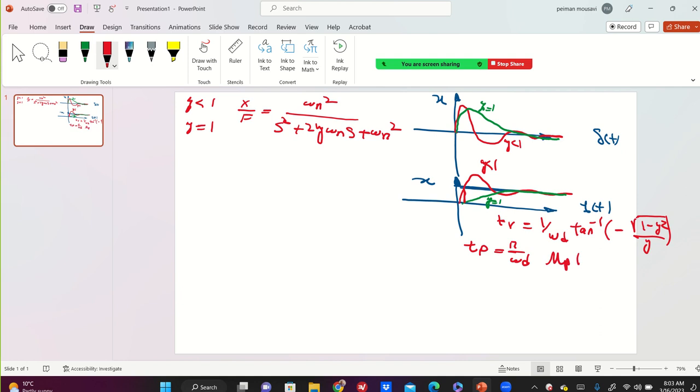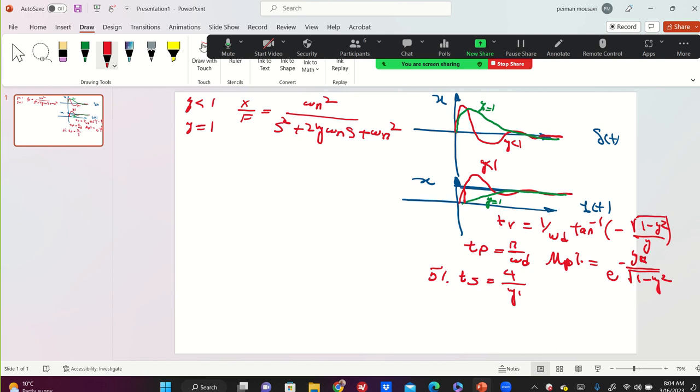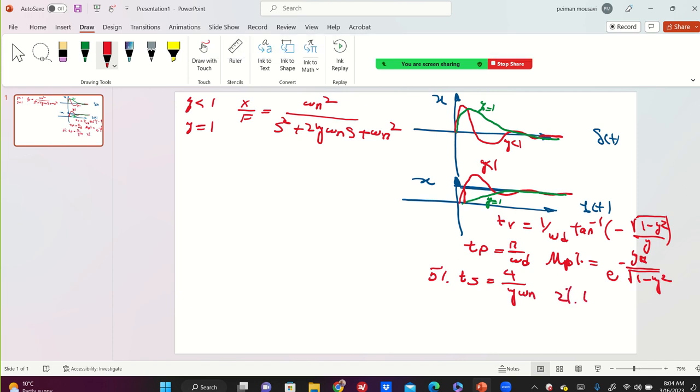And we found the overshoot in percentage, maximum peak, which was e to the minus zeta pi over square root of 1 minus zeta squared. And for 5% the settling time was 4 over zeta omega n, and for the 2% criterion the settling time was 3 over zeta omega n.